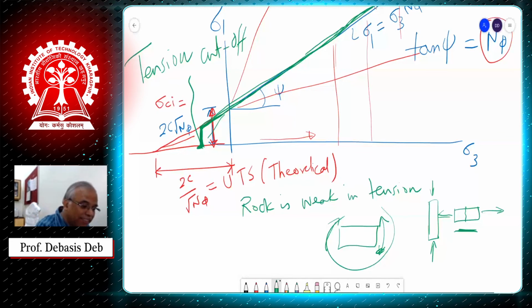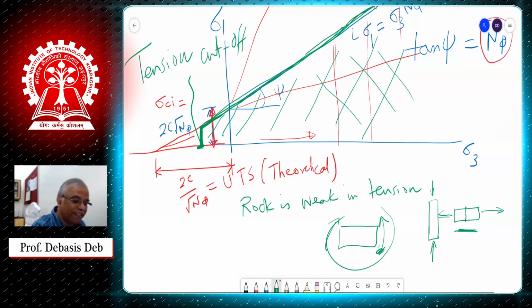Under this, everything is safe. For any sigma 3, sigma 1 point in between, this will be safe or elastic. And if it is outside that, this will be failed. So this is the complete view of Mohr-Coulomb.